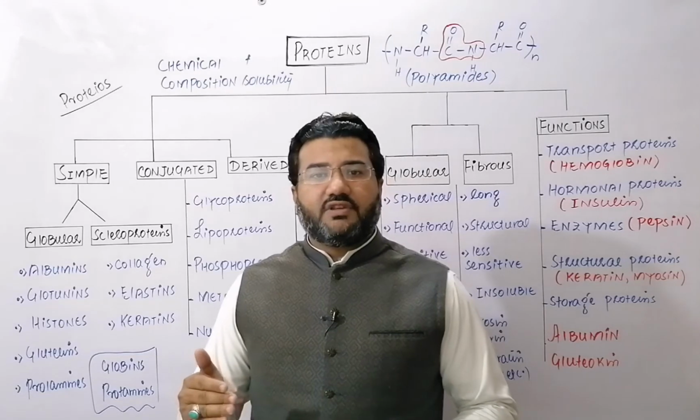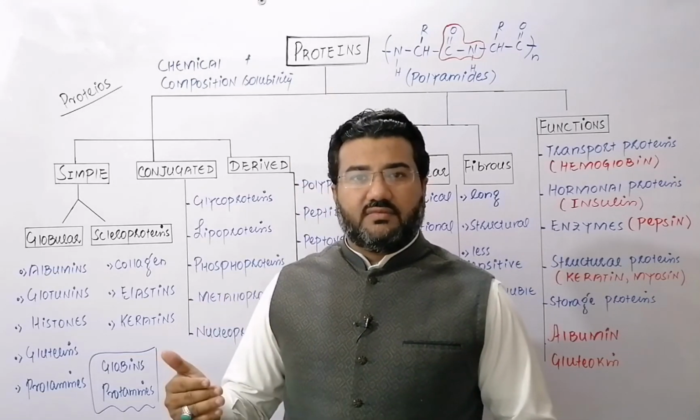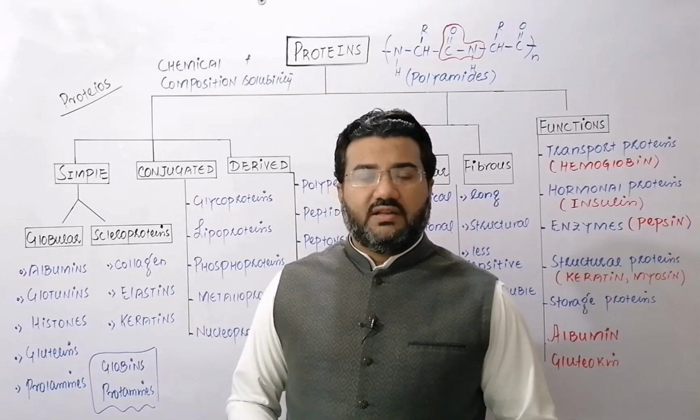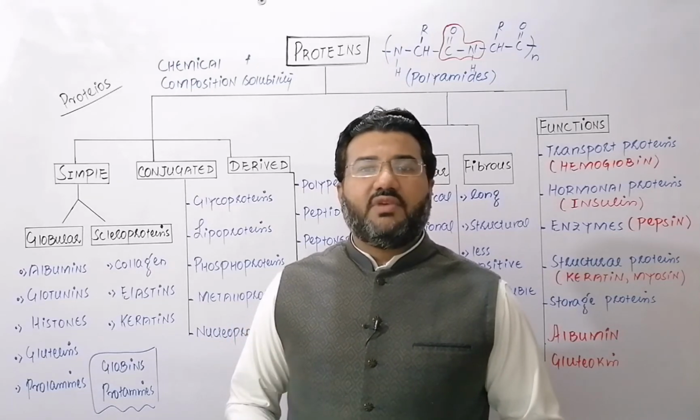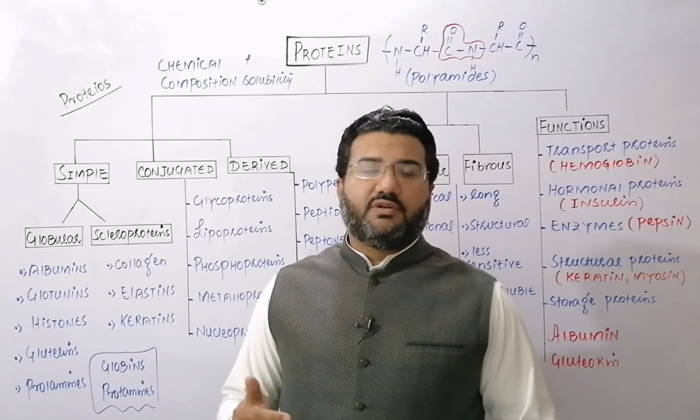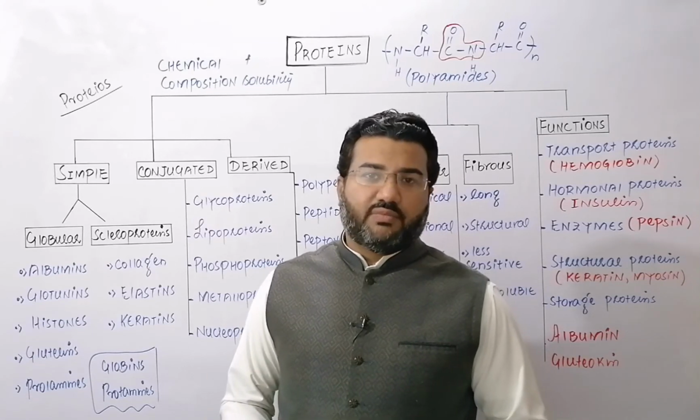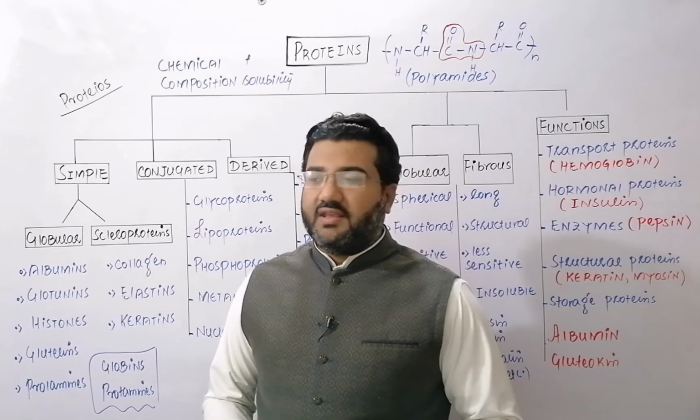The etymology of the word proton is also the same. The proton is a subatomic particle, and the words protein and proton are both derived from the word proteos, which means prime important, very important.